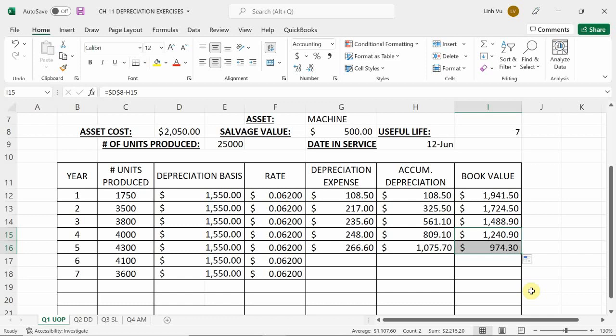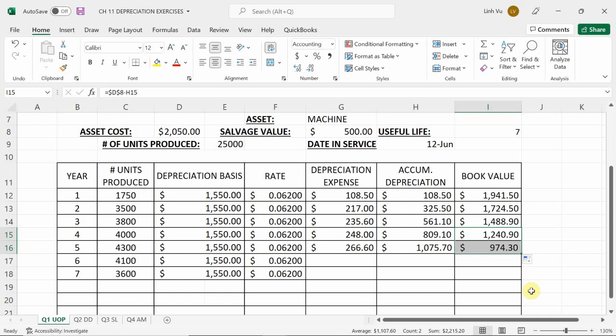So it's 2050 minus 1075.70. We don't put 0.70, I'm not rounding, I'm telling you the number. So yes, 0.70. Why is it giving me minus?